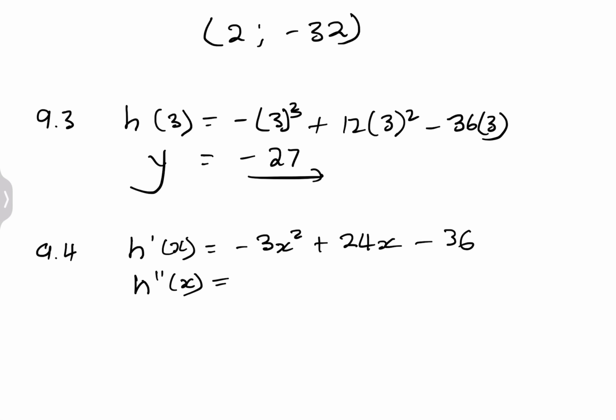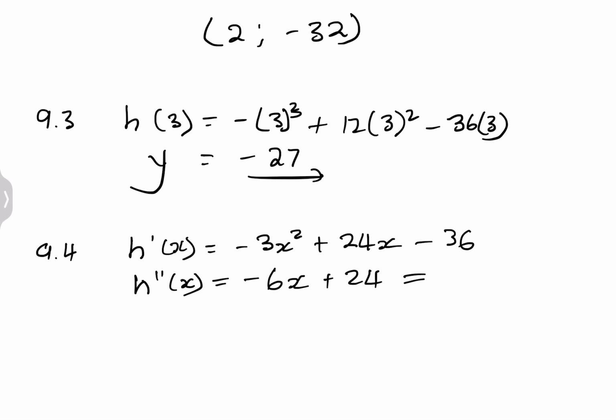Now, by the way, we actually know both turning points in this case. So the point of inflection would be the midpoint between our turning point x values. I'm going to show you that later, right? So a double derivative in this case would be minus 6x plus 24.